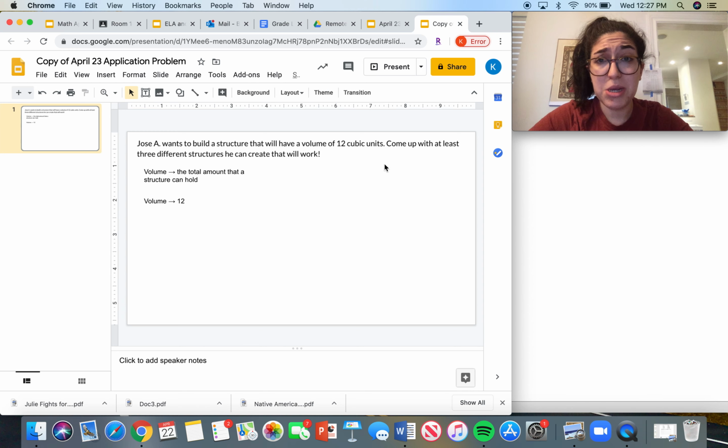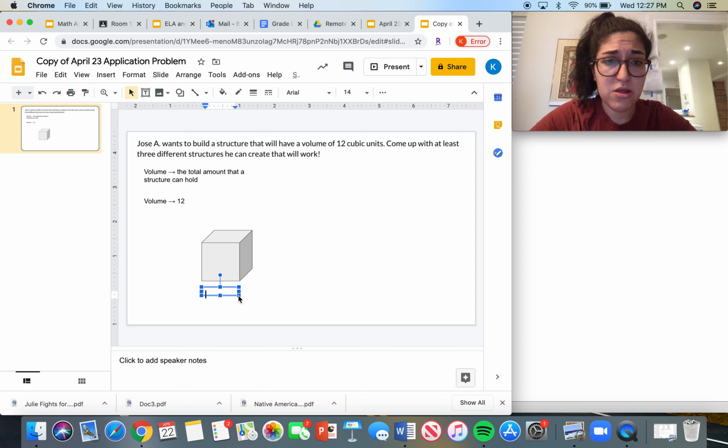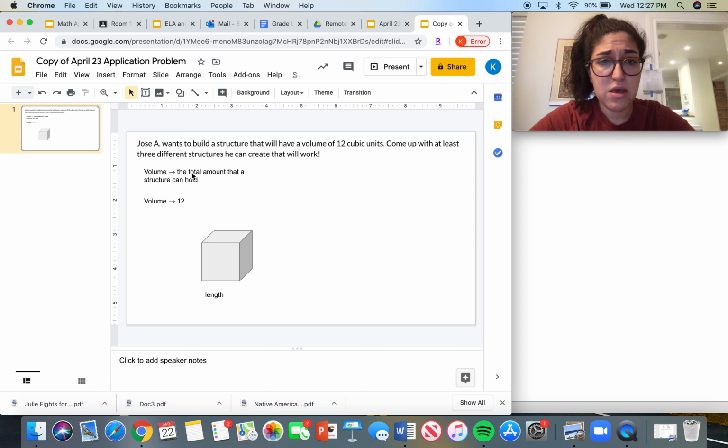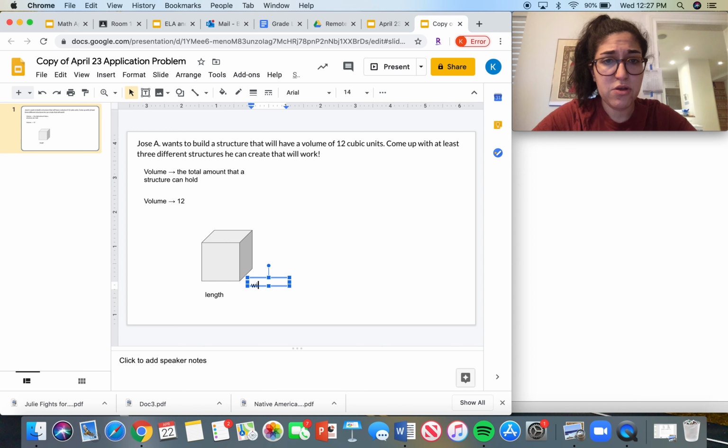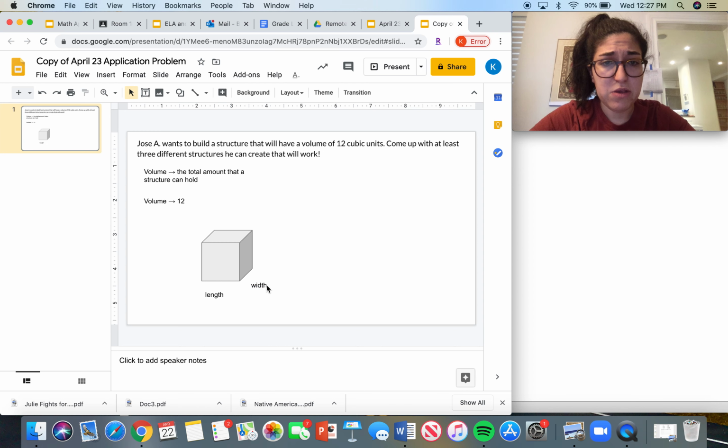That means that if I have a cube like this, I'm looking at 3 things. I'm looking at the length. I'm looking at the width, which is the part here that goes back and forth.